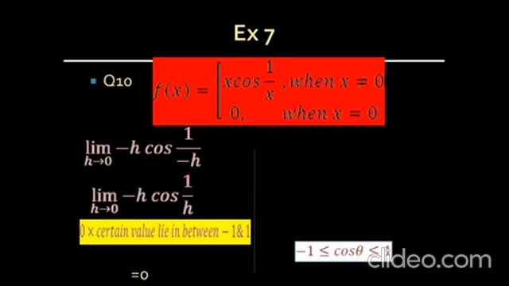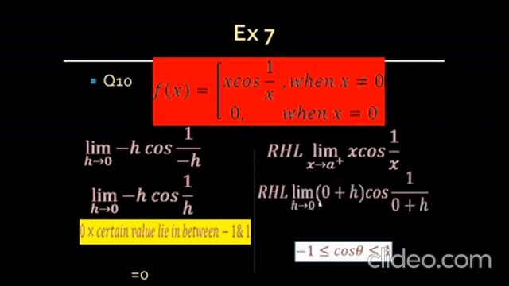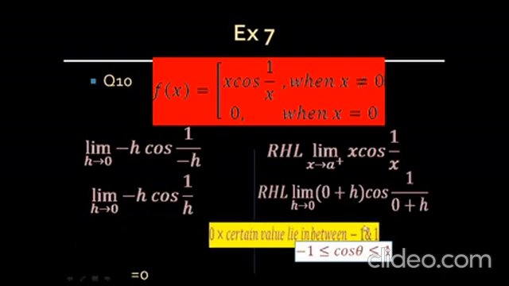After getting it, we need to find the right hand limit. So the right hand limit we can write as limit x tends to a plus of x cos 1 upon x, and then you have to write limit h tends to 0 and x replaced by 0 plus h. After writing it, 0 plus h cos 1 upon 0 plus h, we can write this as h cos 1 upon h.